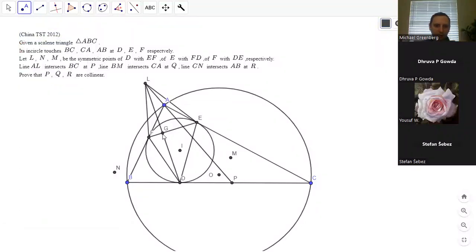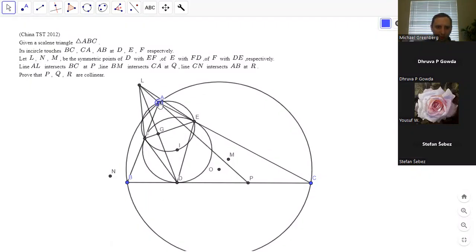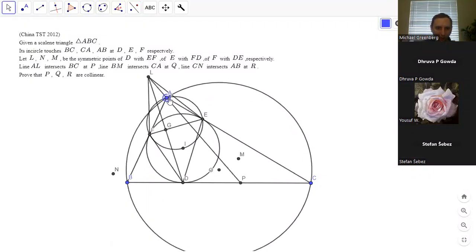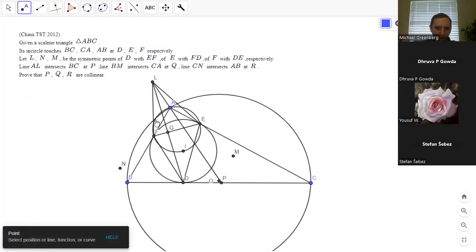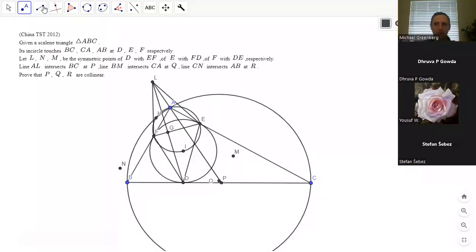And this point, we know, I think G. This is the Sharky-Devil configuration, right? Let's draw the circle. So we know that G, I, and that point are collinear. That's from another video on my channel.